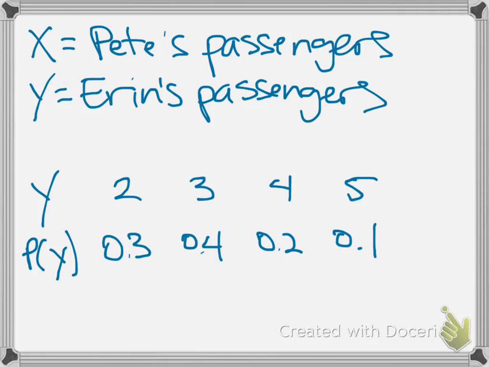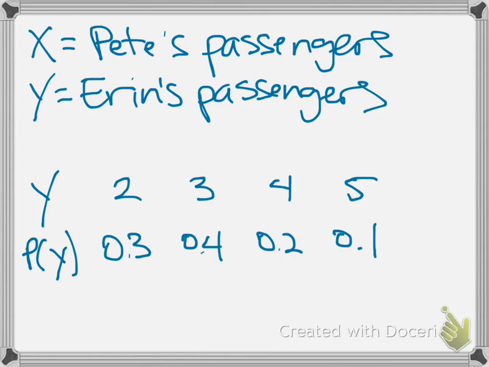And so Pete's sister Erin, let's say that she notices that he's having quite a bit of success with his business, so she decides that she wants to join in, and she's also going to offer tours in her own Jeep. However, her Jeep is slightly smaller than her brother's, so she can only hold up to 5 passengers.